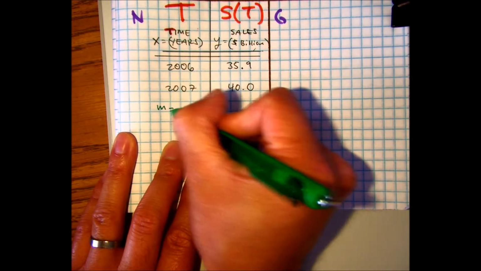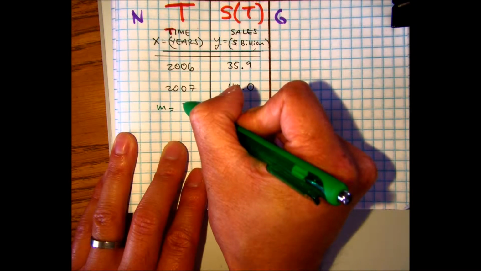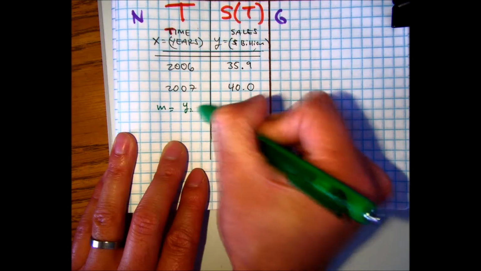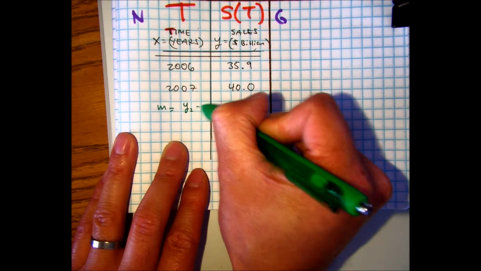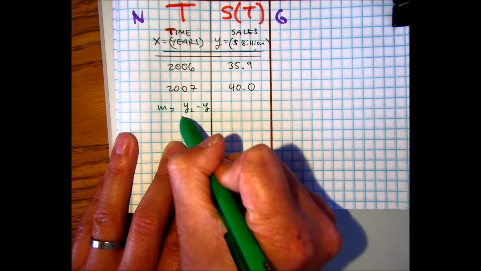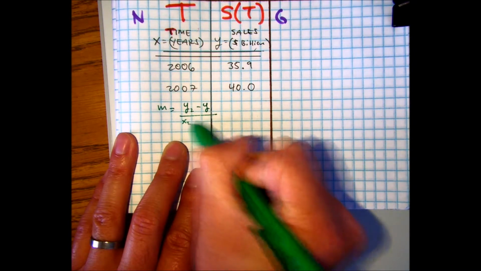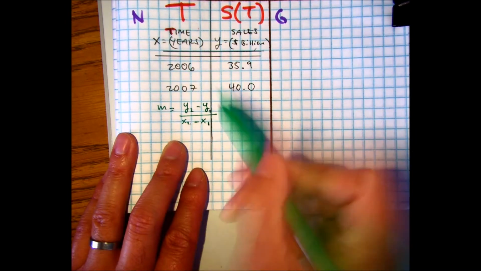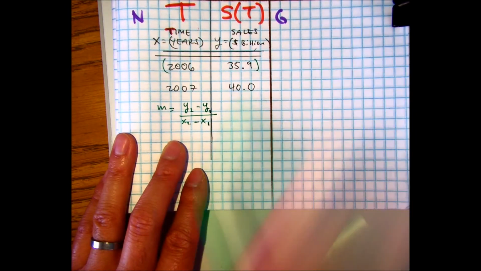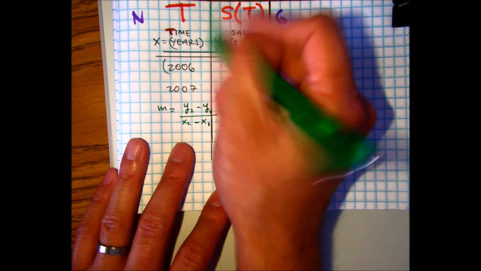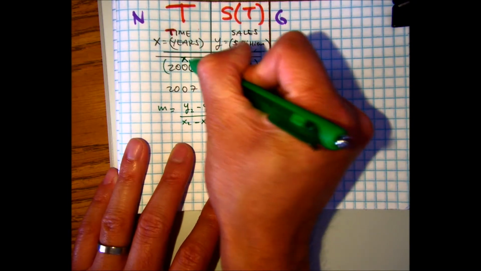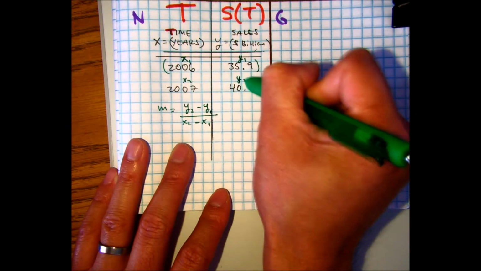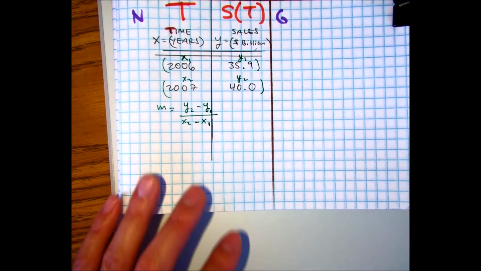M, Y2. So essentially a table is a way of organizing your ordered pairs. So this is your x1, y1, x2, y2. You guys see how that's an ordered pair?